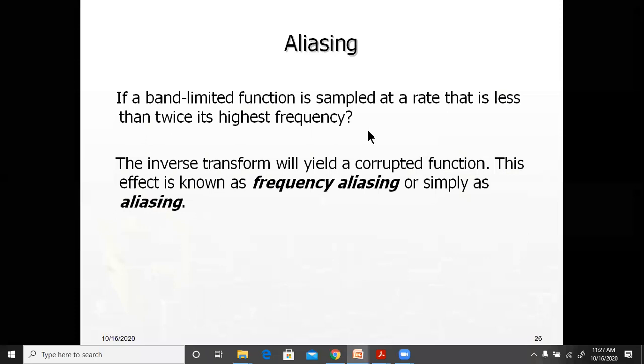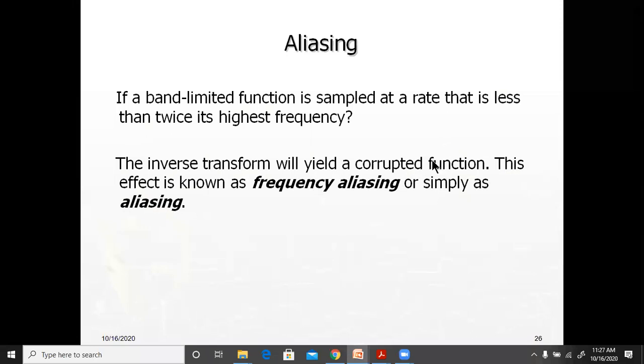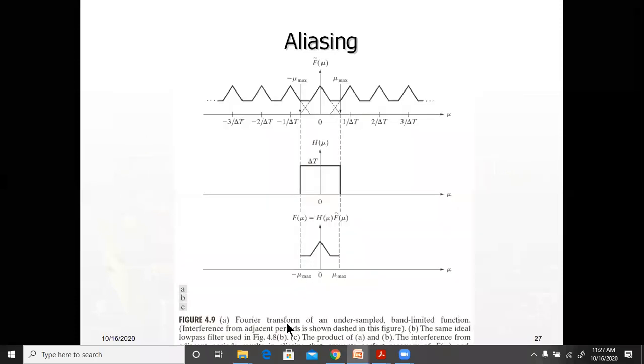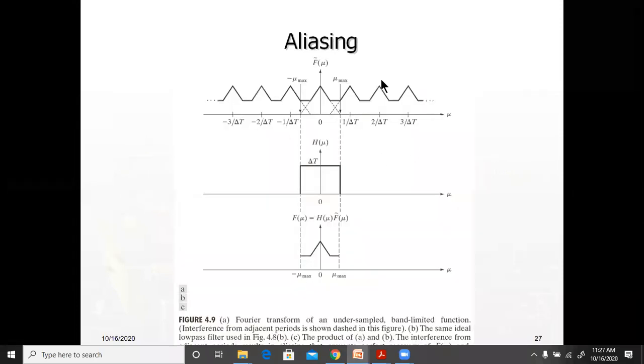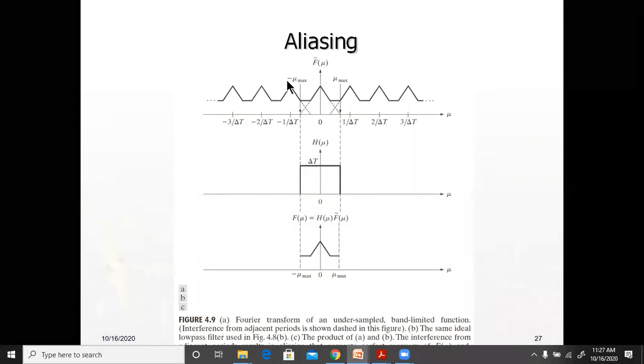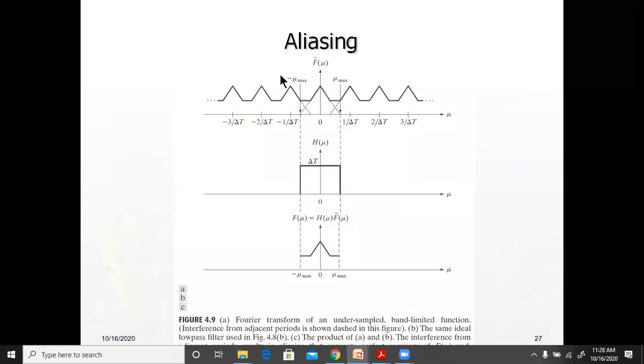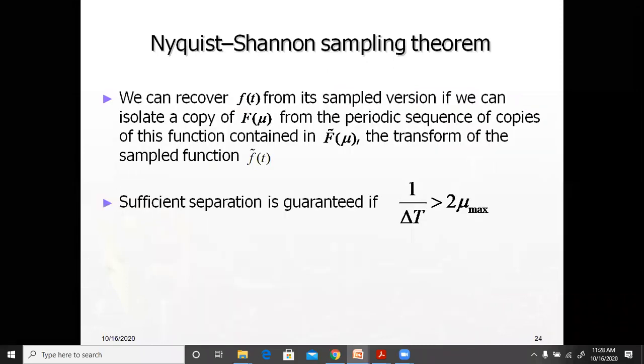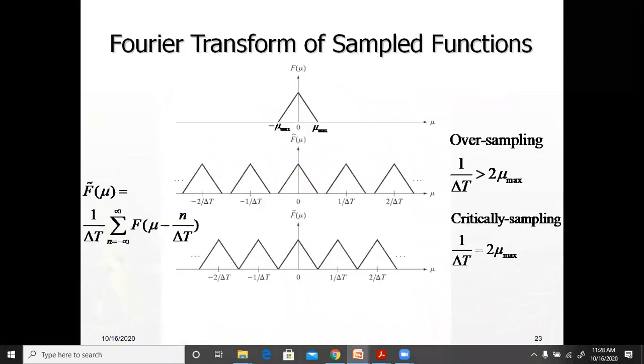That means the inverse Fourier transform will give a corrupted function. This effect is known as frequency aliasing, or simply aliasing. So if 1 by delta t is lesser than 2 f max, not greater, that is what we might have written here.